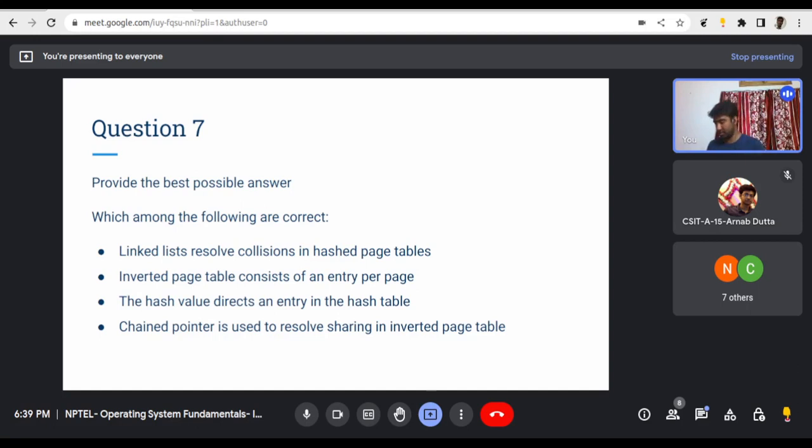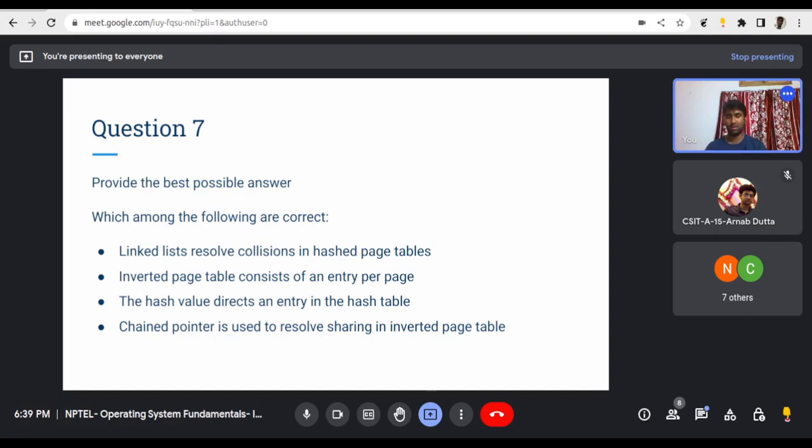Look at the theory related to hashed page tables and inverted page tables. But first, anyone else would like to contribute? So what is chain pointer, and how do you resolve sharing in an inverted page table?